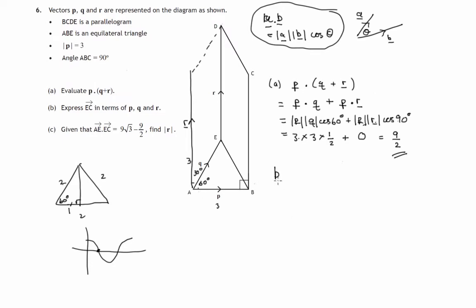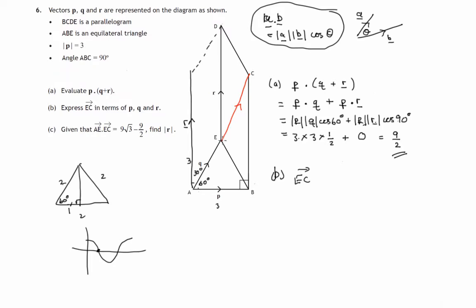Let's now move on to part B. We're asked to express EC, that's the diagonal in this parallelogram, that journey from E to C, in terms of P, Q and R. So we need to go a different route.